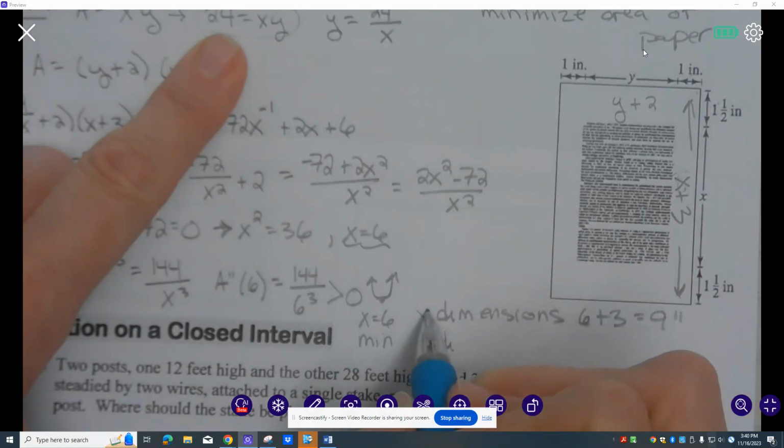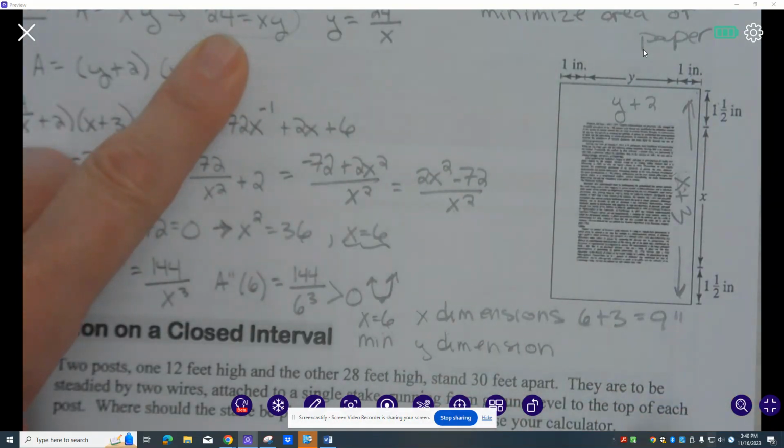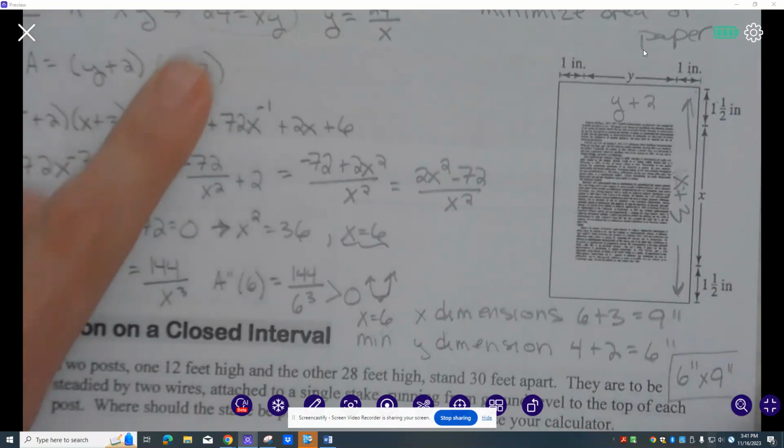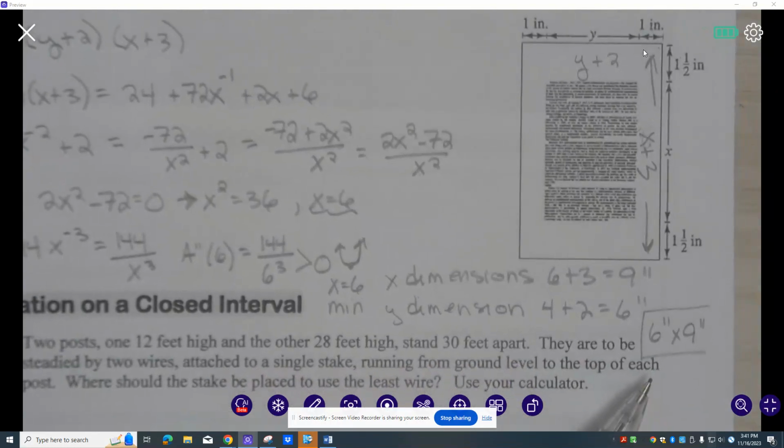So this was the x dimension, this is the y dimension. Y is 4, but it would be 4 plus 2, so that would be 6 inches. So the page should be 6 inches by 9 inches. Okay, that is the minimum size that the page can be.